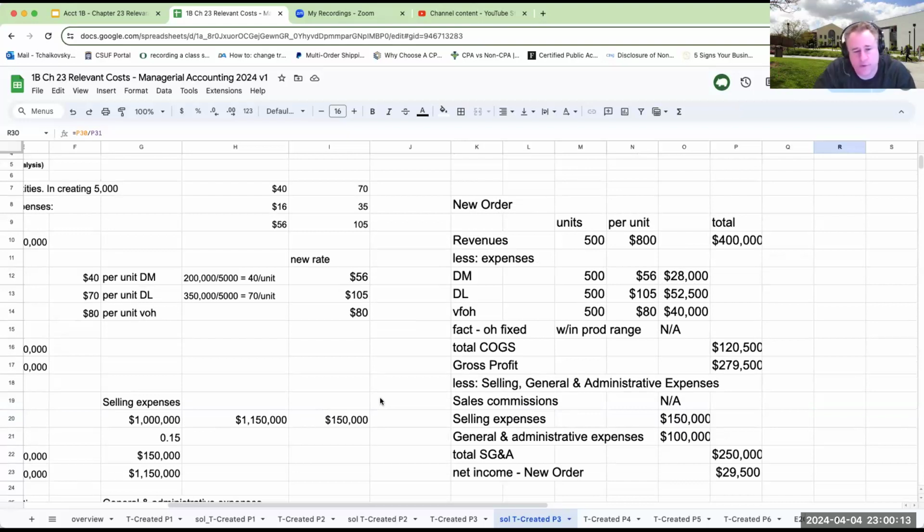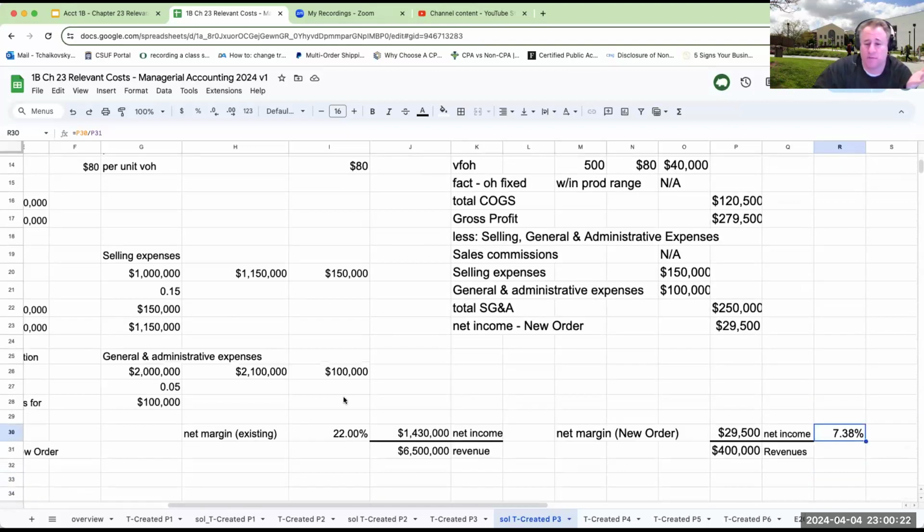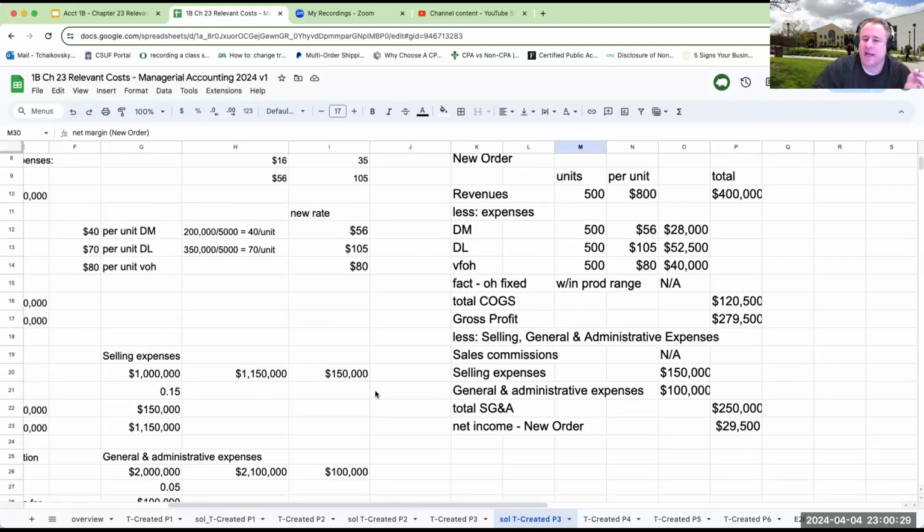Is it worth the risk to go through and do this additional business? I don't know. Is it a good idea? I don't know. If we compare the net margin of the existing, we may decide not to do it. And again, it's going to depend upon the confidence we have in the numbers that are being produced.